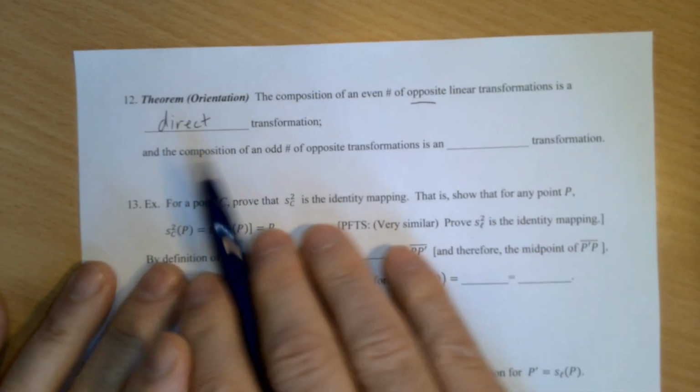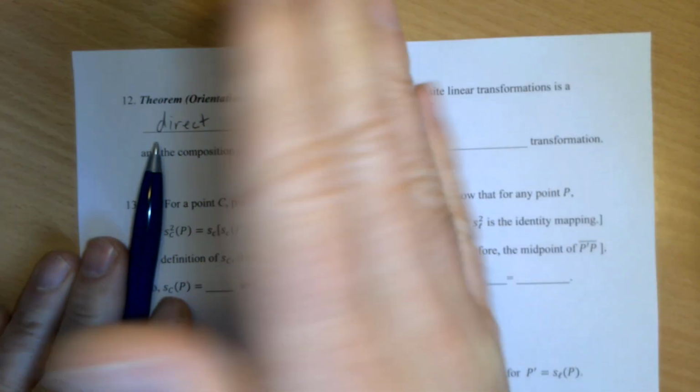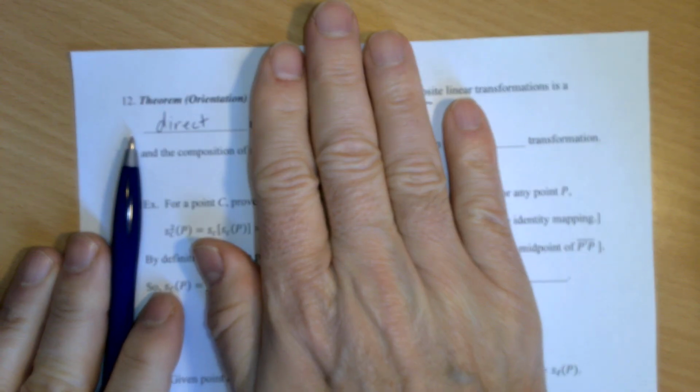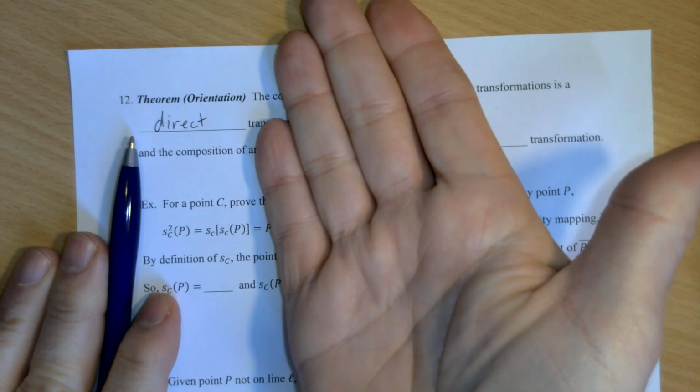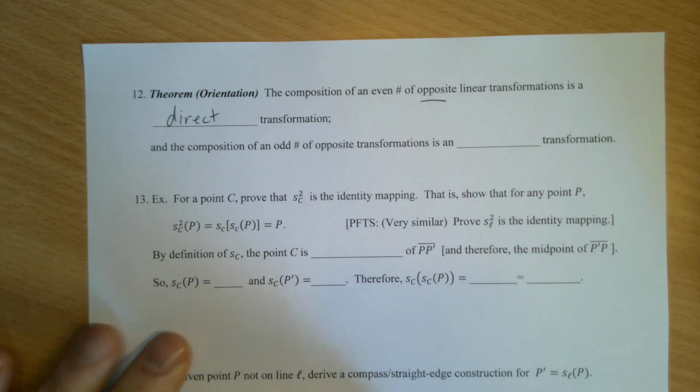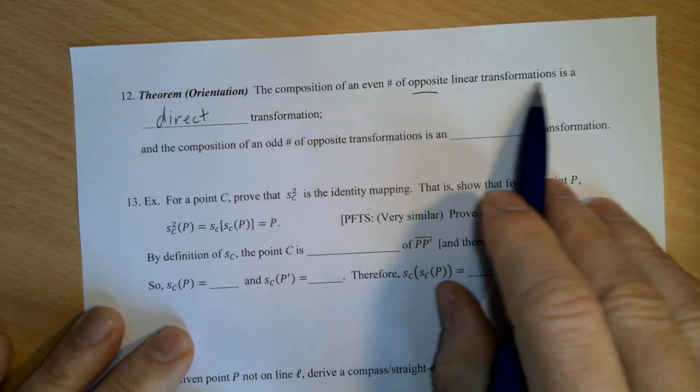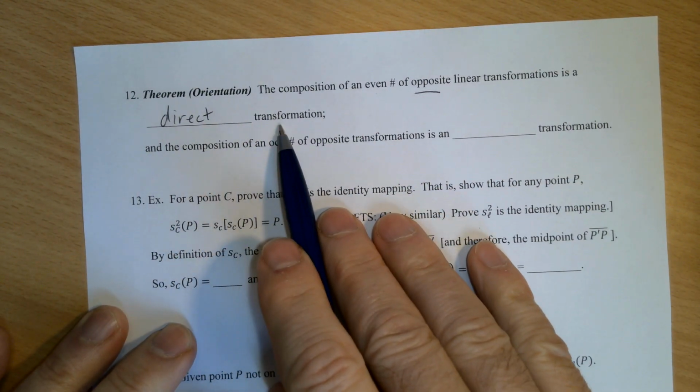That should be easy to see. It's like taking a triangle, flipping it over. Now it's reversed. Well, if you take that and flip it over again, it puts you back where you started again. So an even number of opposite linear transformations is a direct transformation.